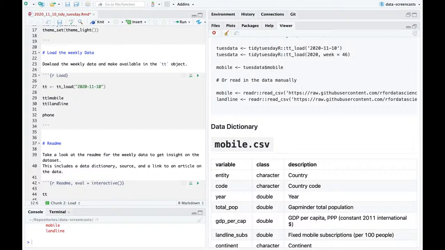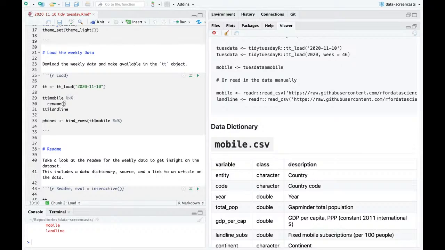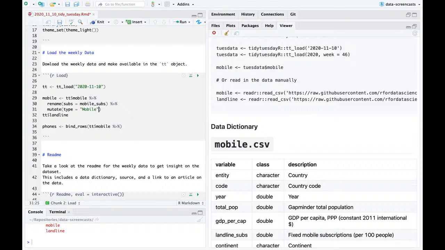I'm just going to call it phones, and I'm going to do it as bind_rows of tt_mobile, and I need two things there. I'm going to rename subs to mobile_subs, I'm going to call it mobile, and then mutate type equals mobile.